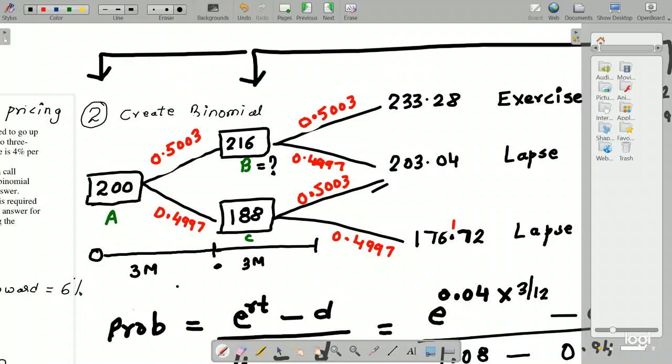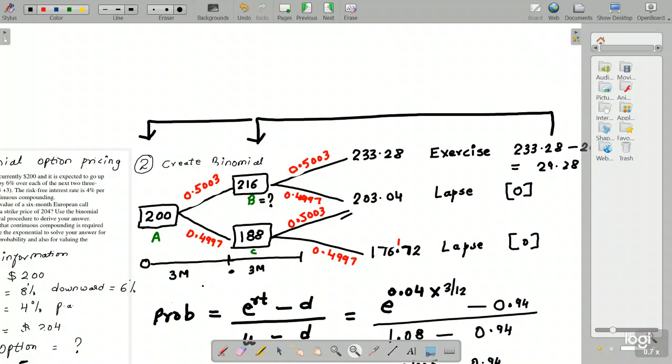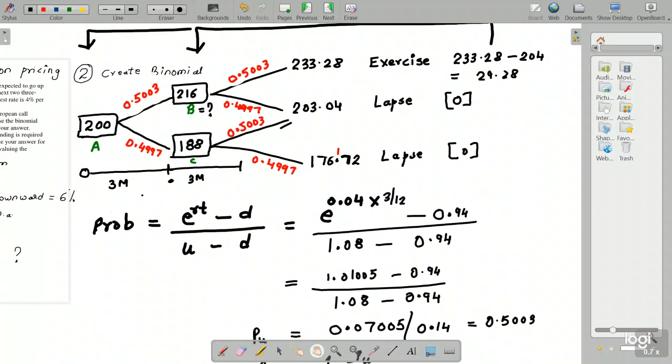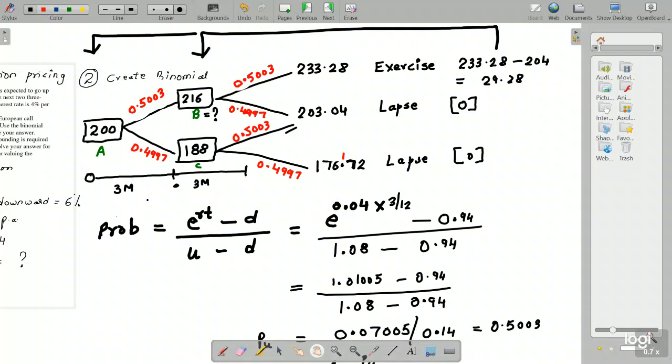I wanted to know how much is the value here at node A. For calculating that I am supposed to do the backward method. So this means 29.28 for sure, as per the projected payoff this will be there. This projected 29.28, I have to bring it to node B.